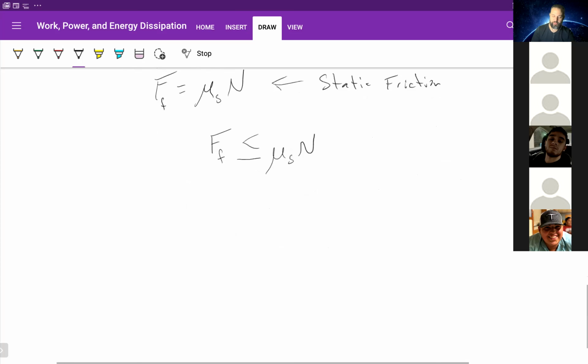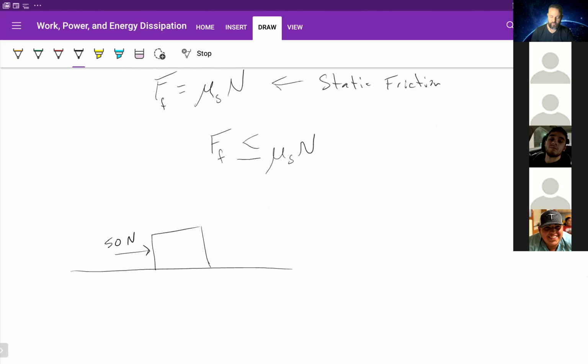For example, we can have a case where the max frictional force is 100, but I'm only applying a 50 Newton force. Let's draw this out.